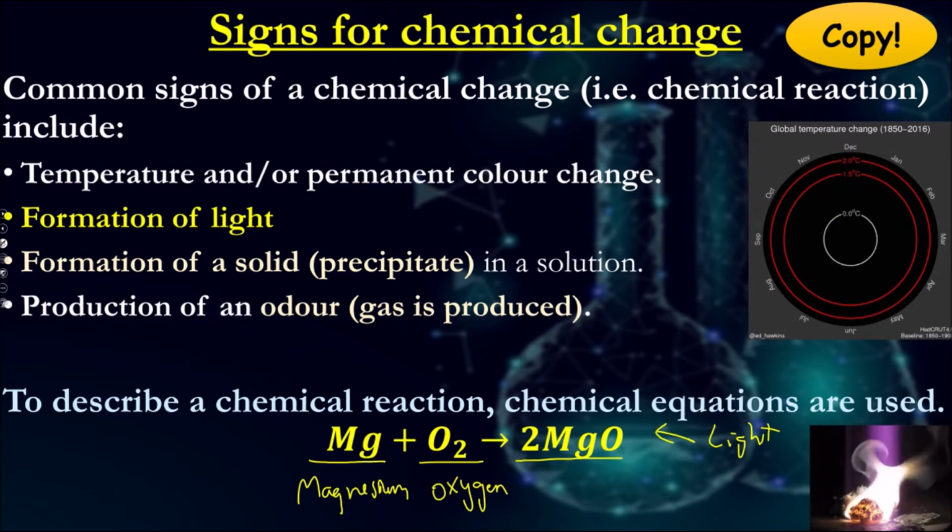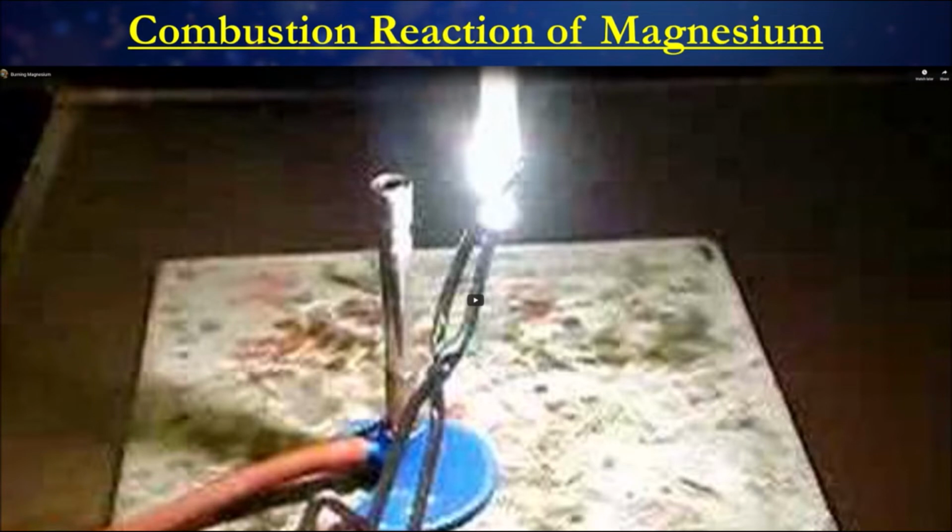You could probably also see some gas forming at the very top, and then we have this magnesium oxide here. There's a little video that shows you really nicely the combustion reaction of magnesium, but I'll leave that for you to watch in your own time. Links will be in the description.